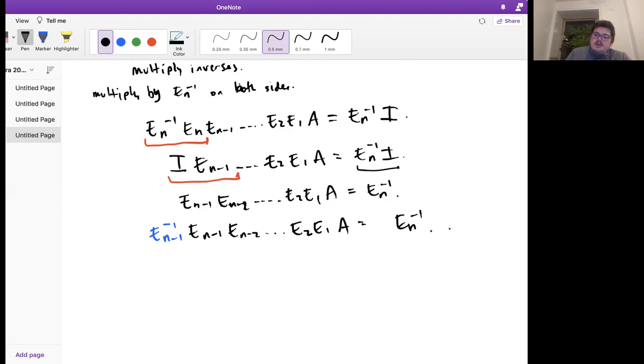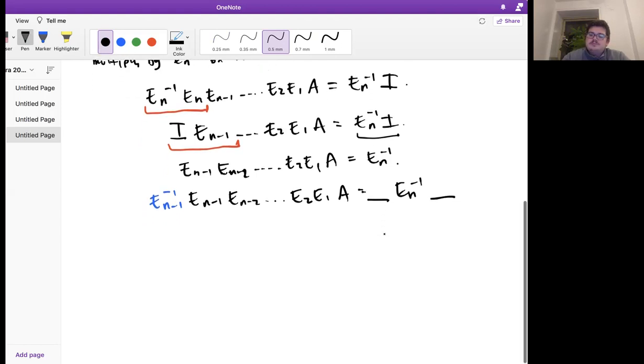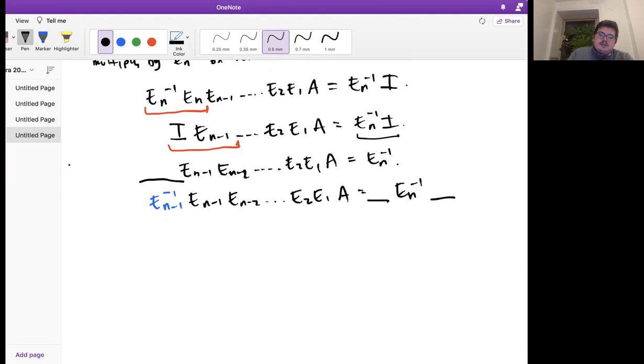Do I put it here or do I put it here? Do I put it on the left or on the right? So this step here is multiply En minus 1 inverse on both sides.